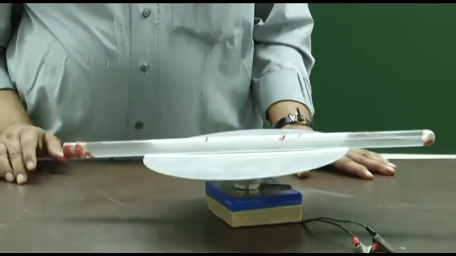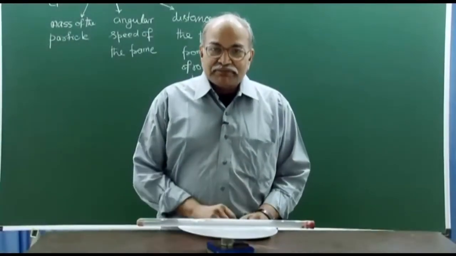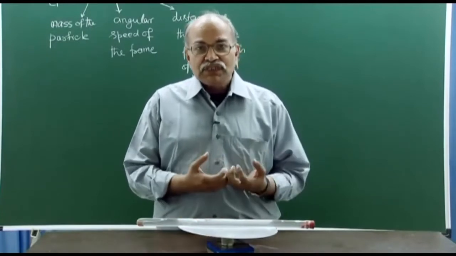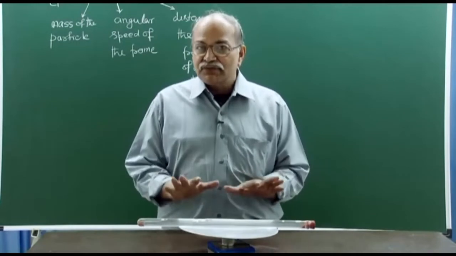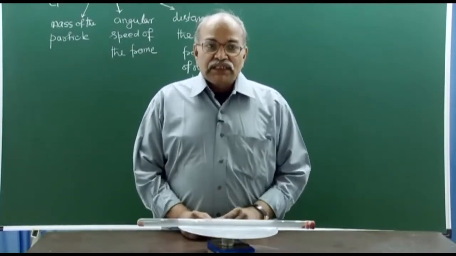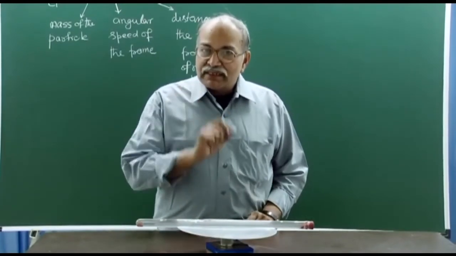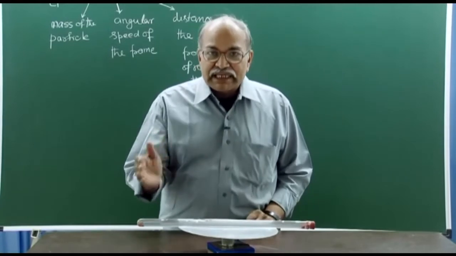So, how do I analyze? If I am using the disc frame, I must use centrifugal force together with other real forces and then use Newton's second law. Now, if I think of stone particles, the centrifugal force will be away from the center.